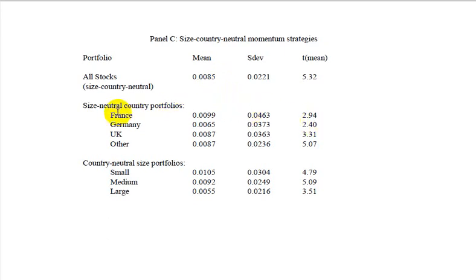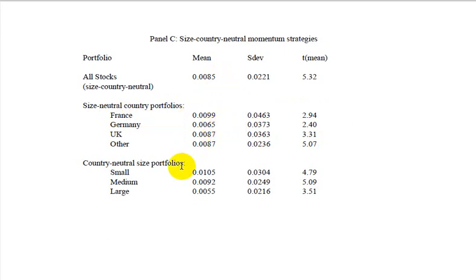And so we can see here in this section with the size neutral country portfolios, there's not really a particular geographical market that outperforms any of the others. So we could say that the momentum strategy is irrespective of geographical location.